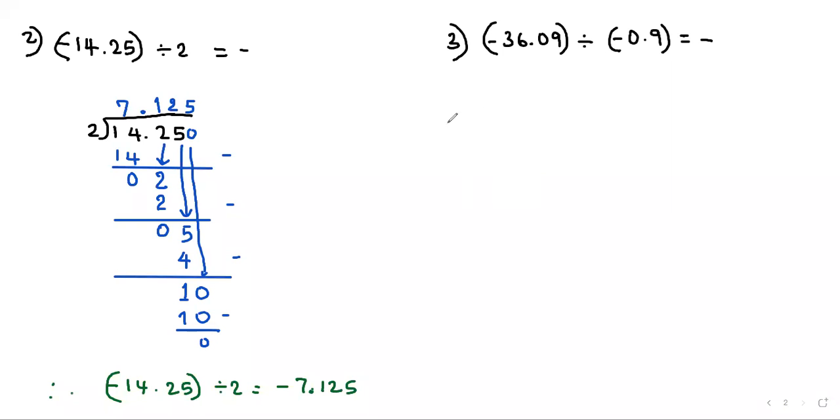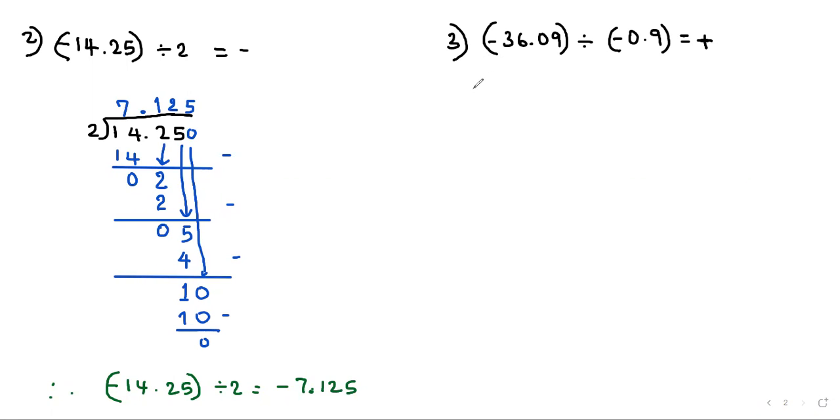Okay, so since we have negative 36.09 divided by negative 0.9, we already know that our answer will be positive, because a negative divided by a negative, we get a positive. Is that okay, student? Okay.